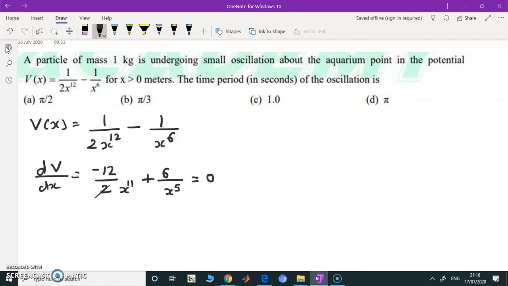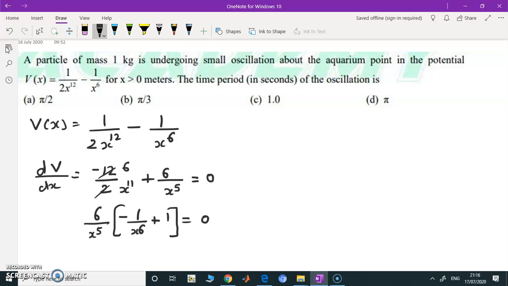Solving it, 6/x^5 will be the common factor, and inside you will get minus 1/x^6 plus 1.